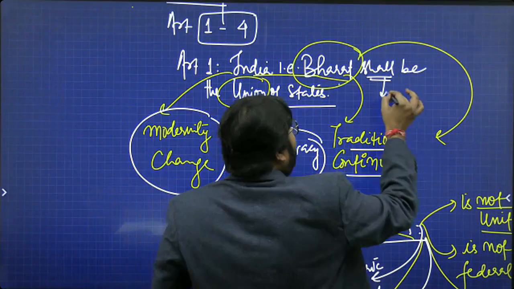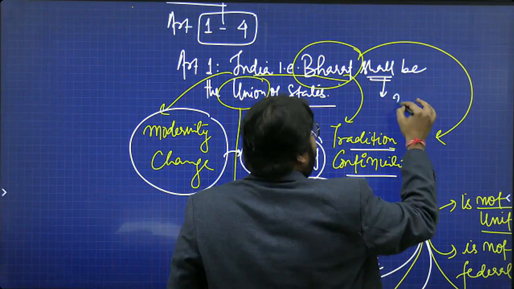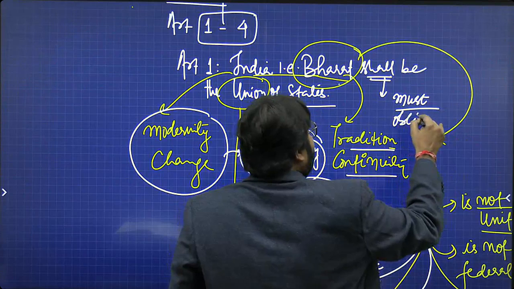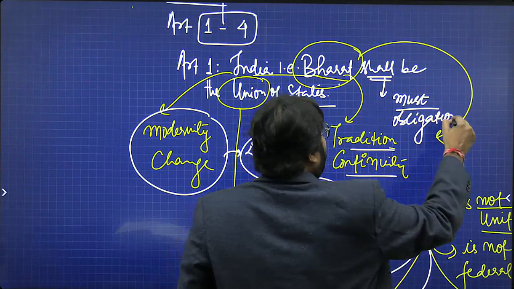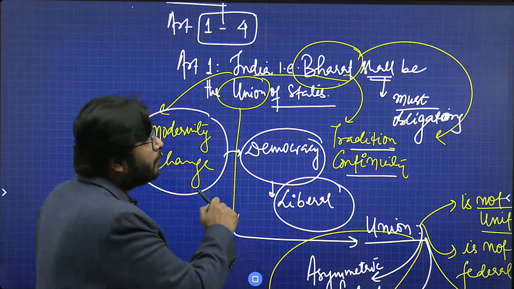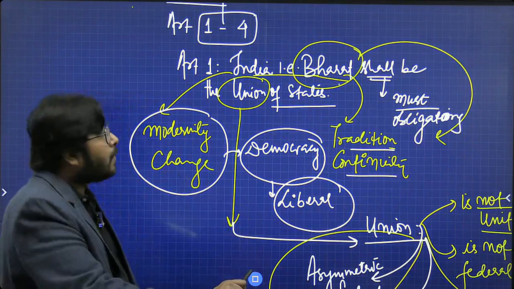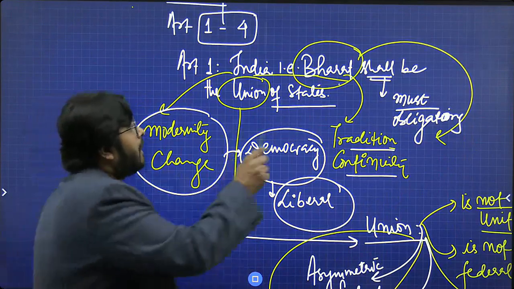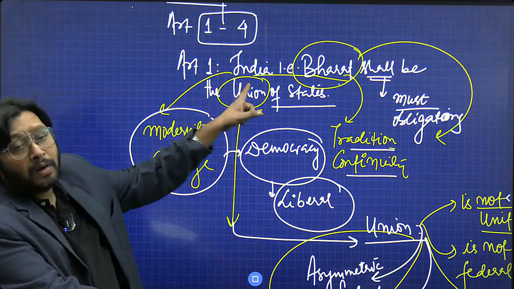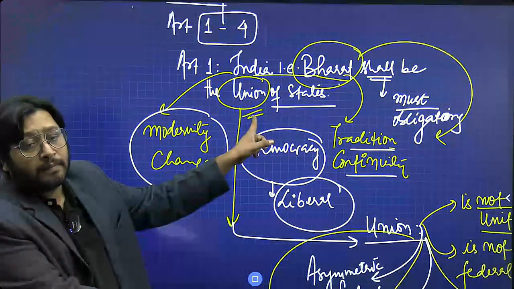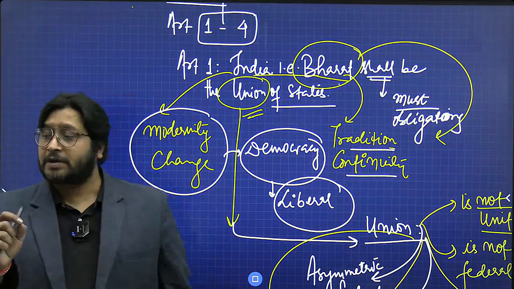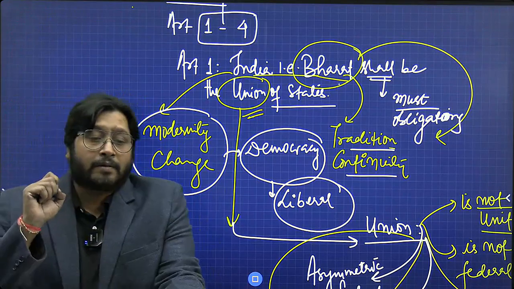Shall be, right? Shall be: permanence, obligatory, must. Shall be union. इंडिया क्या होगा? यूनियन. ये तो पहले प्राइमरी है. दिस इज मस्ट कि इंडिया इज यूनियन, राइट?